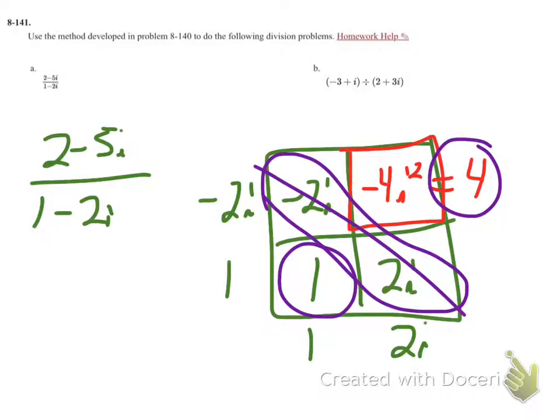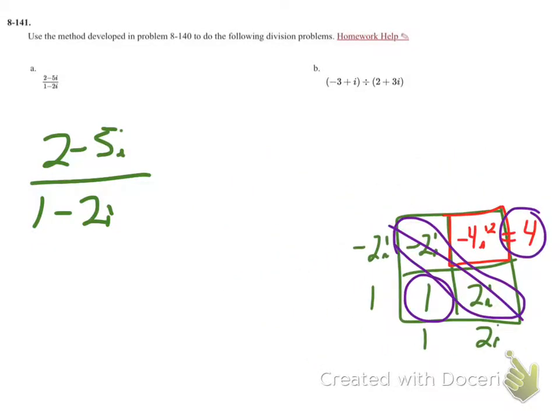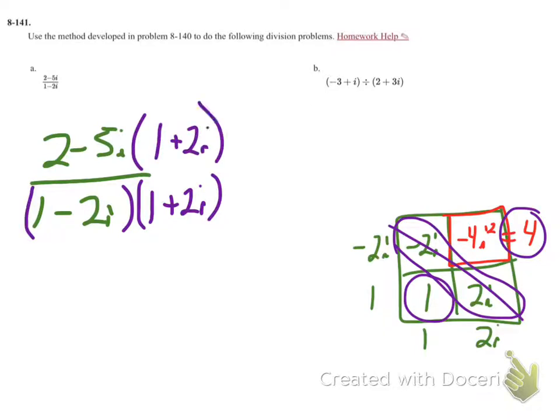So here's what's going to happen with this problem. I can't just multiply the bottom by 1 plus 2i. I need to actually multiply by 1 plus 2i in both numerator and denominator because that acts like a giant 1. So essentially I'm multiplying this problem by 1.